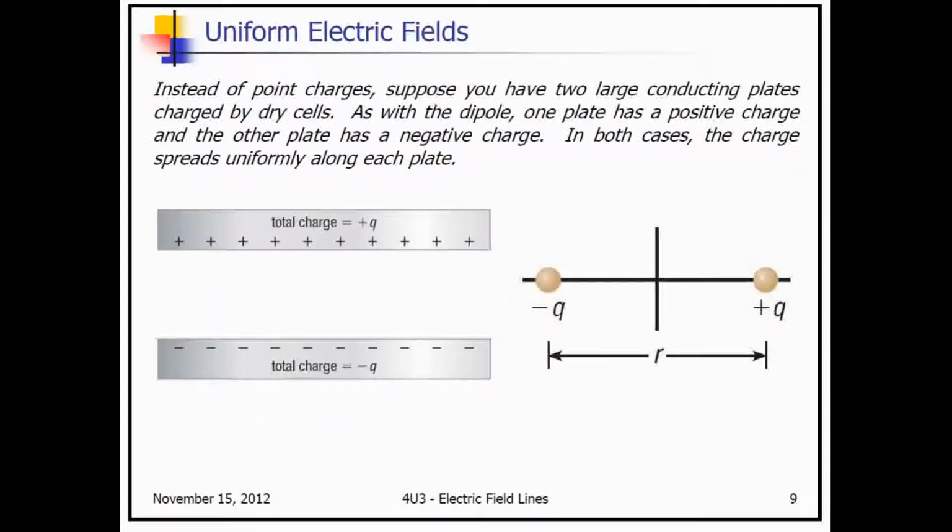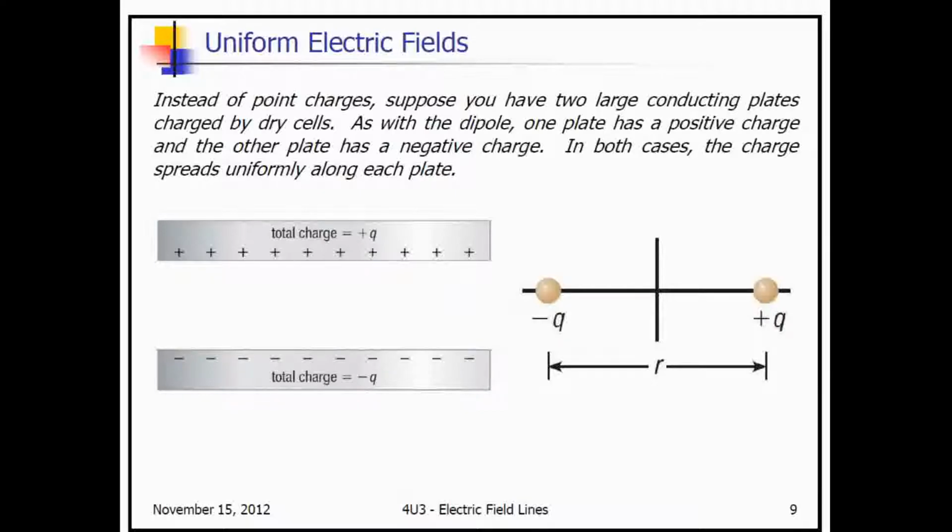So, considering all of that, we've looked at dipoles. What if we take an entire plane and charge one entire plane or plate as positive and another plate as negative?